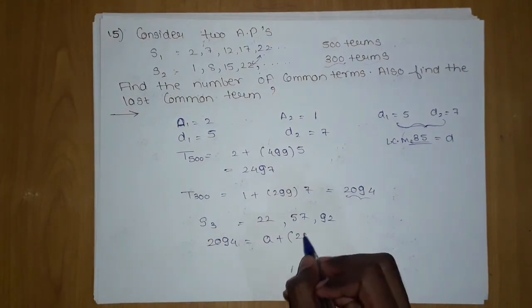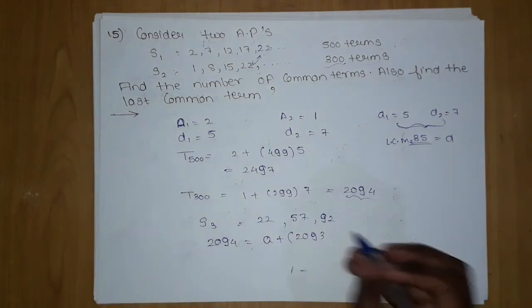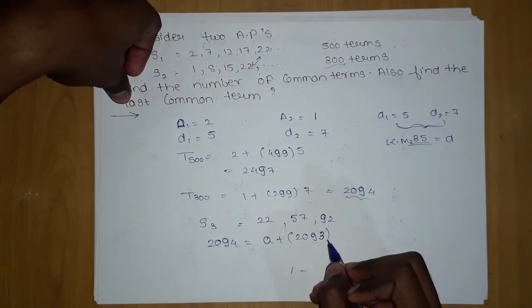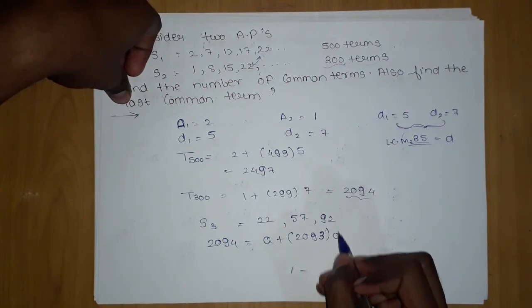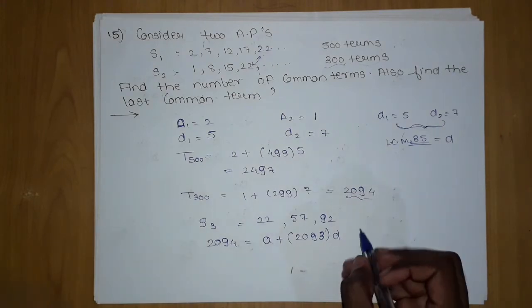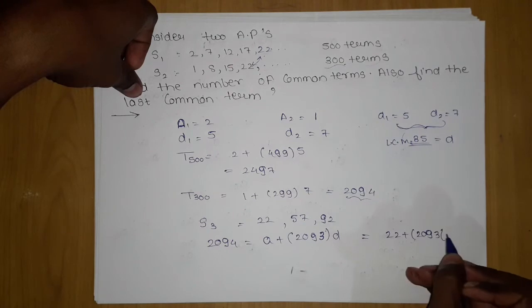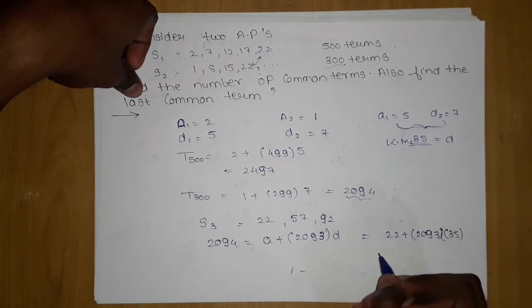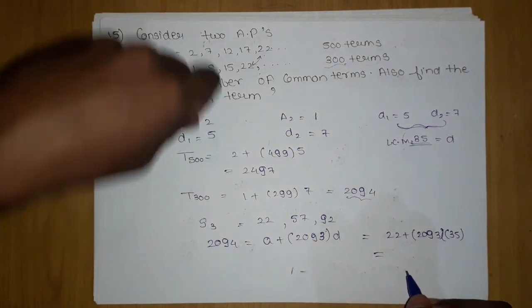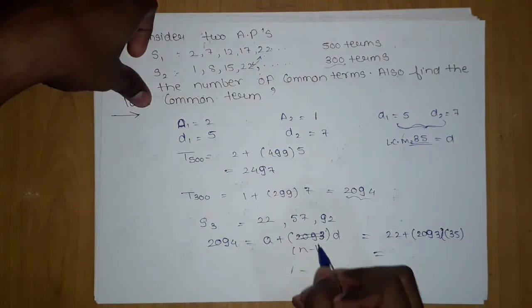So 2094 is equal to 22 plus n minus 1 into 35.